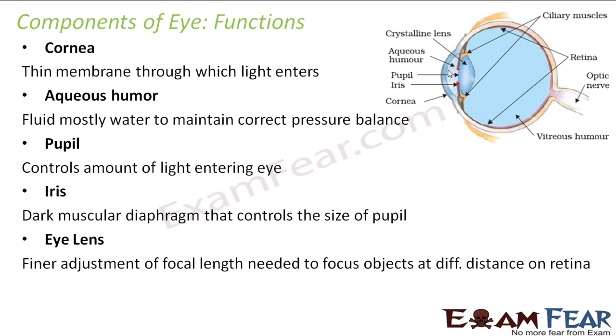So if you want the image distance to be constant with the change in object distance, you have to change the focal length of the eye lens, right? So the purpose of the eye lens is to form images on the retina. A real and inverted image is formed on the retina.